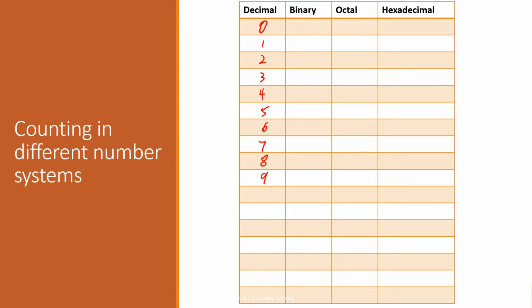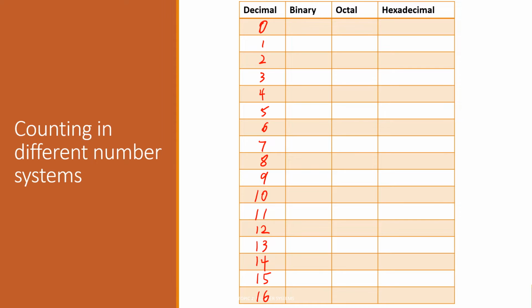But something we need to be aware of is that because we only have 10 digits in decimal, whenever we count to 9, in order to count the next number, we have to put a carry to the next bit or next digit. So after 9, we have 1, 0. We read 10, right? It means it's larger than 9. Then we get 11, 12, 13, 14, 15, 16.